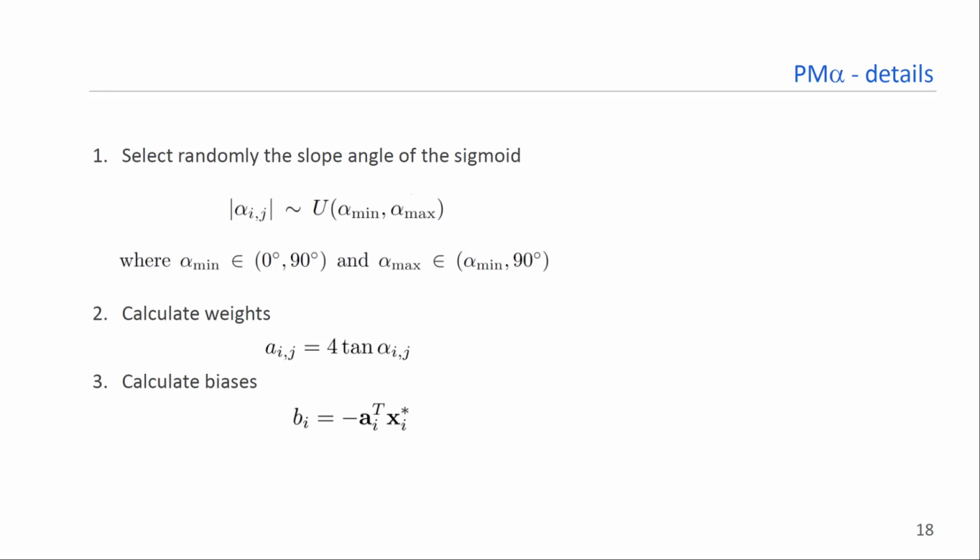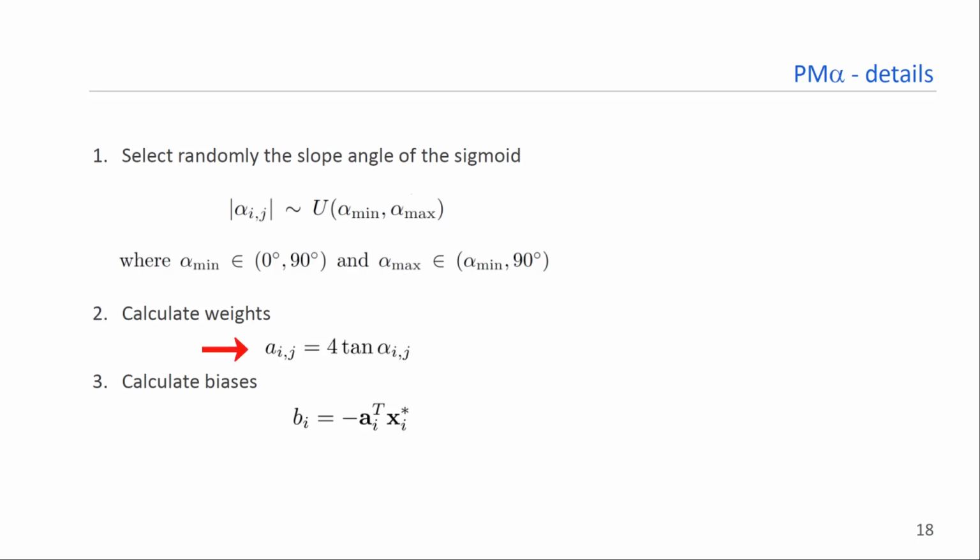To generate sigmoids with uniformly distributed slope angles, first we generate alpha individually for them. The border angles alpha min and alpha max can both be adjusted to the target function. For highly nonlinear target functions with strong fluctuations, only alpha min can be adjusted, keeping alpha max as 90 degrees.